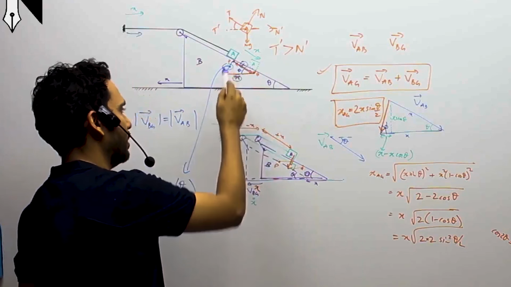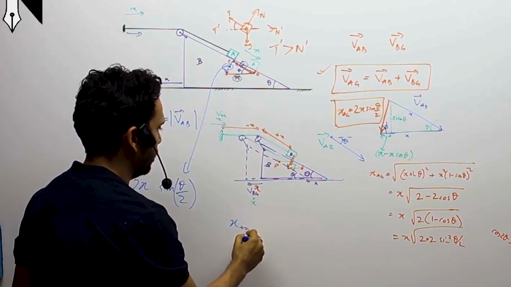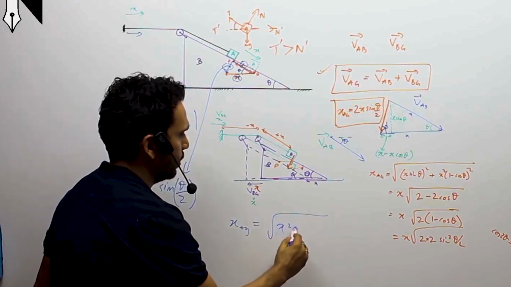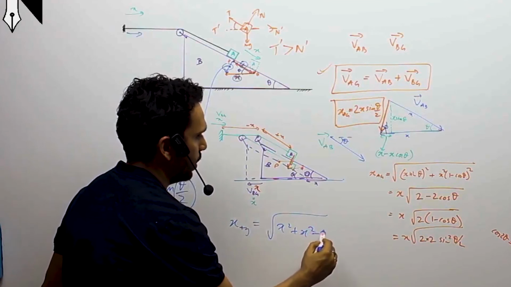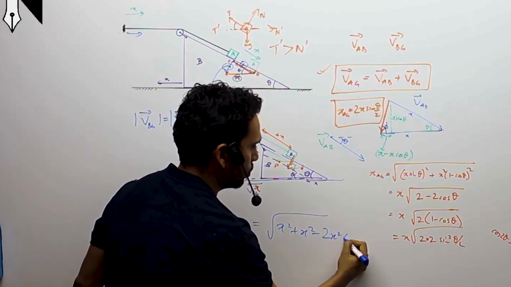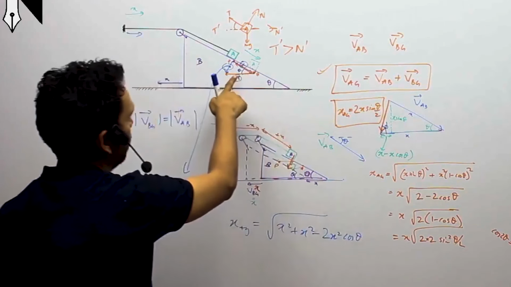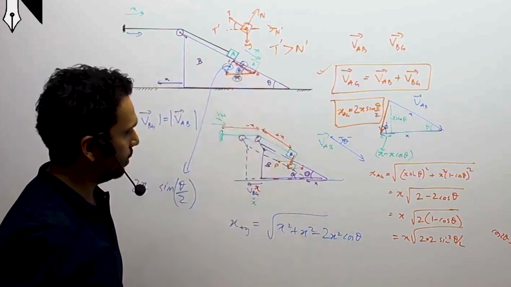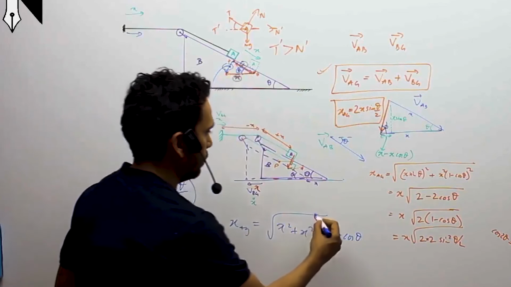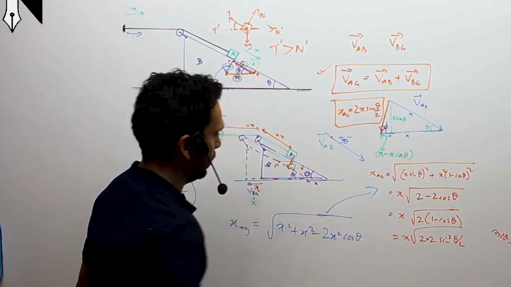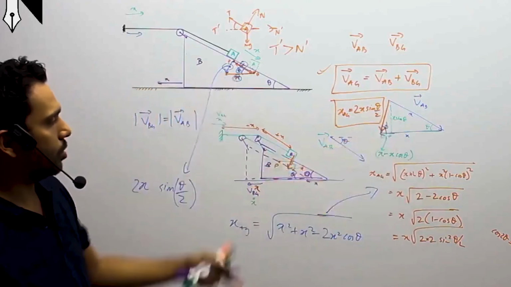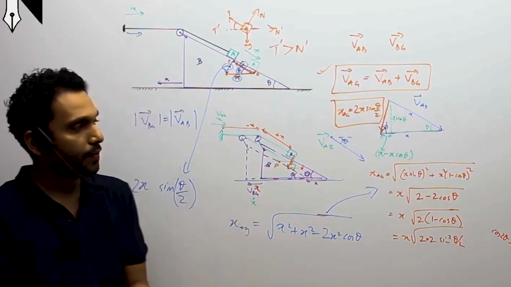The side over there is equal to the square root of x square plus x square minus 2x square cos theta, the sandwiched angle being theta. That's a square plus b square minus 2ab cos theta. So that's the same thing we did over there. This was by the Pythagoras theorem, this is by the cos rule, which is all the same.